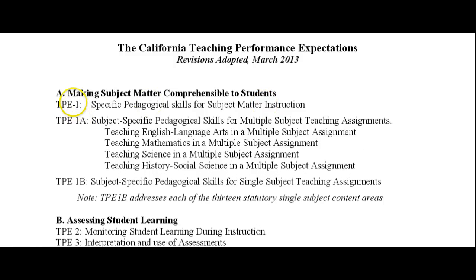You can see, for example, in the first standard, which was making subject matter comprehensible to students, that there are 3 specific TPEs. Now, what you'll notice is that some of the TPEs are common to all teachers, and some of them are a little bit more specific depending on your subject area and whether you're a multiple subject instructor or single subject instructor, that sort of thing.